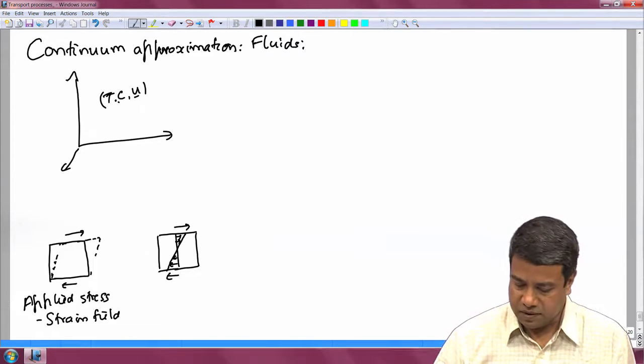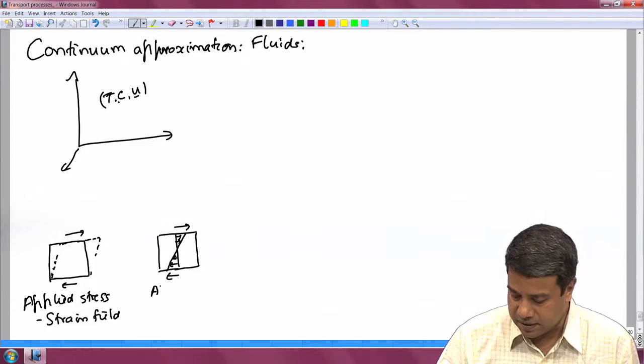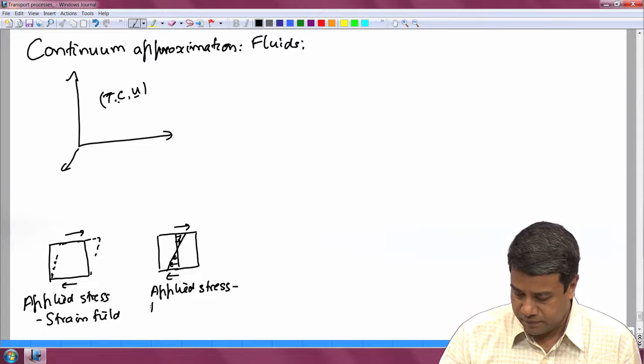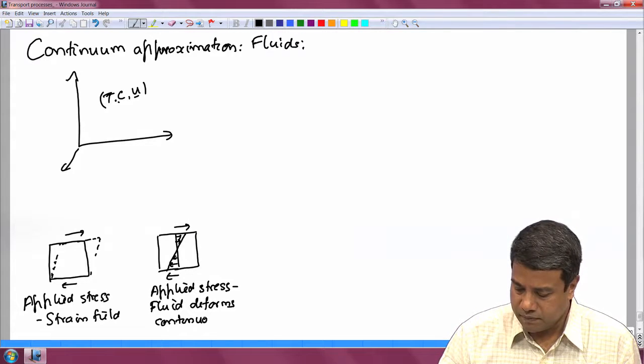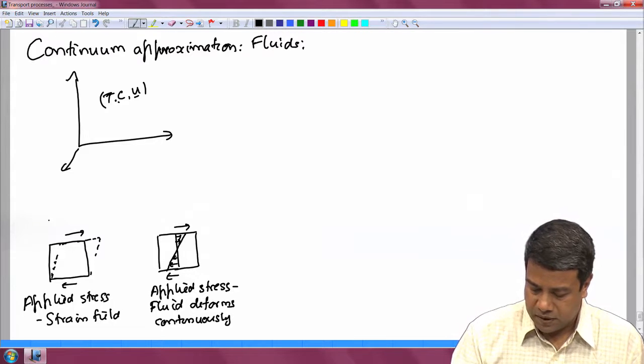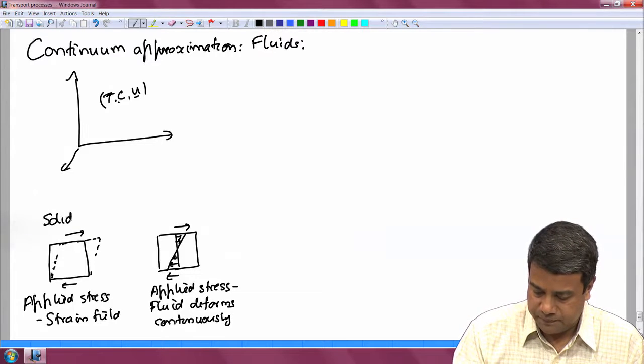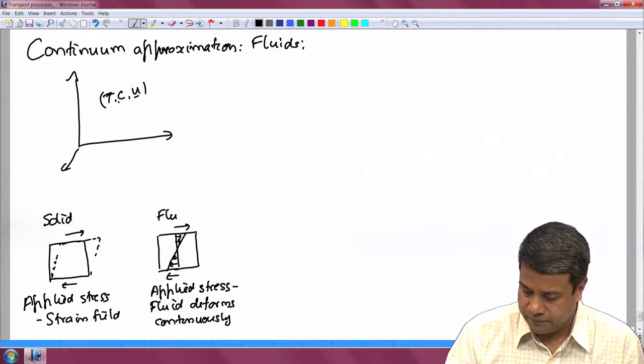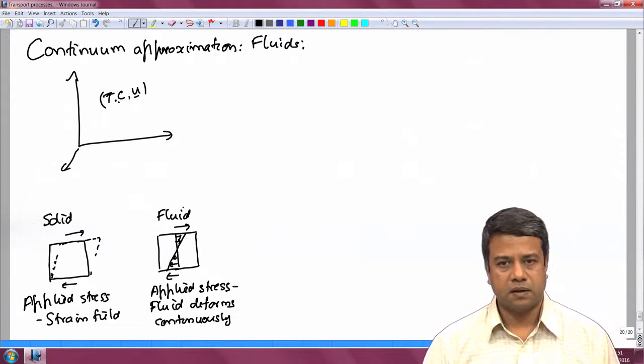So, a fluid deforms continuously under applied stress. So, this is a solid, this is a fluid.